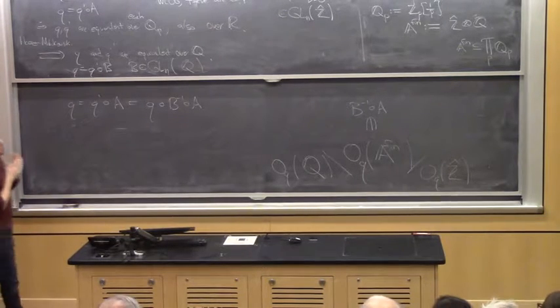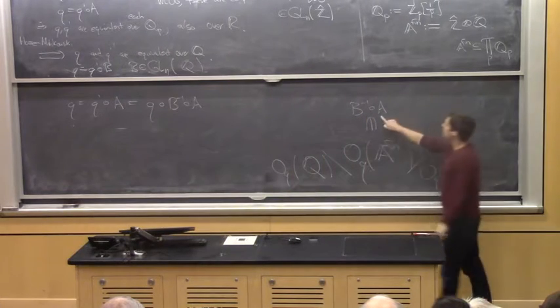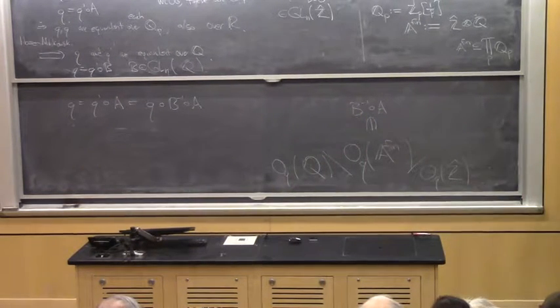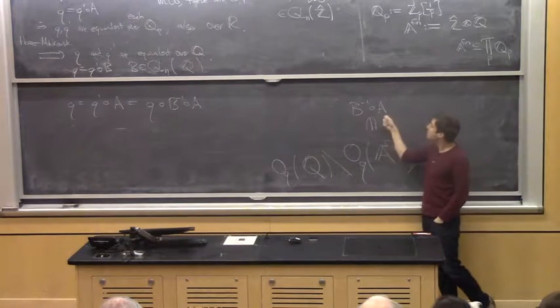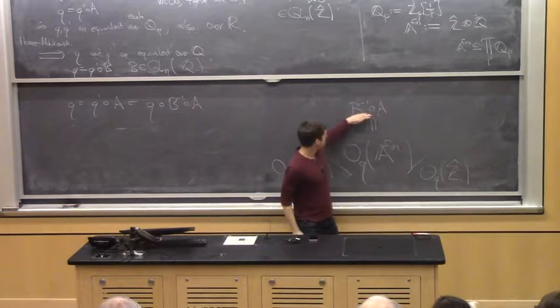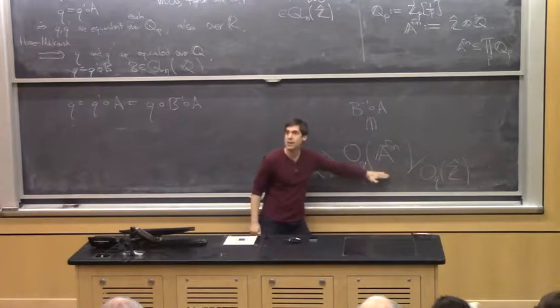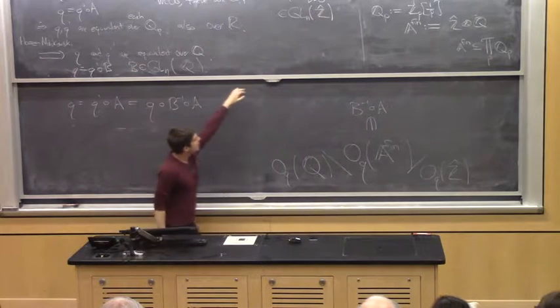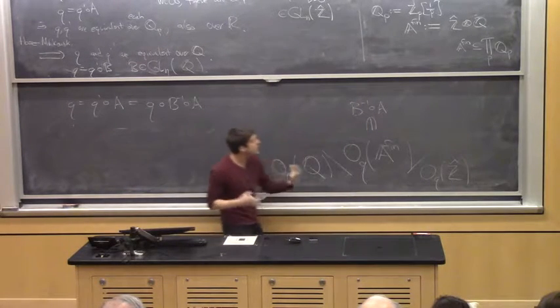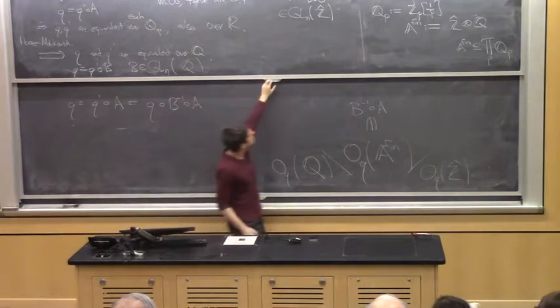Now what can we say about this double coset? Well, what would it mean to get the identity double coset here? What that would mean is that it's possible to make clever choices of B and A in such a way that this product is actually equal to 1 inside this group here. In other words, it's possible to arrange that A is equal to B. And what does that mean?